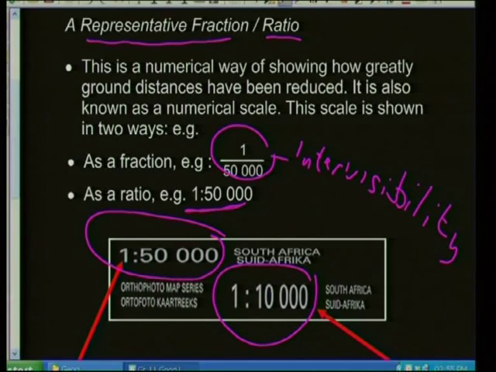Let's see if you can work it out at home. Which scale is bigger? I know you all said it's the 1:10,000. Please don't get confused, eh? This means the reality is brought 50,000 times smaller, and this one is brought 10,000 times smaller. So obviously this is the bigger scale.